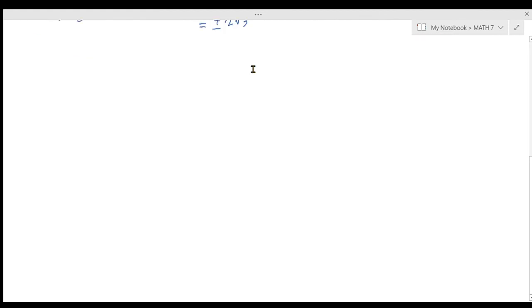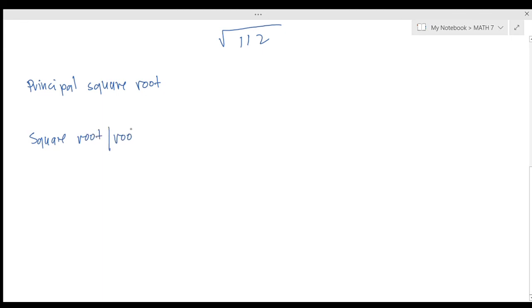The square root of 112. Hahanapin natin yung principal square root at yung square root or tinatawag nating roots.